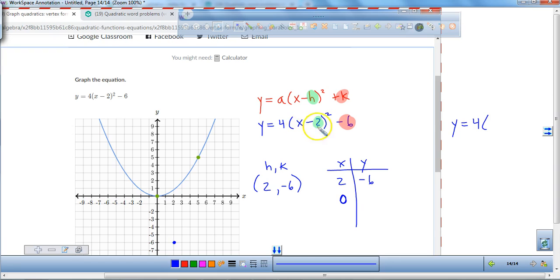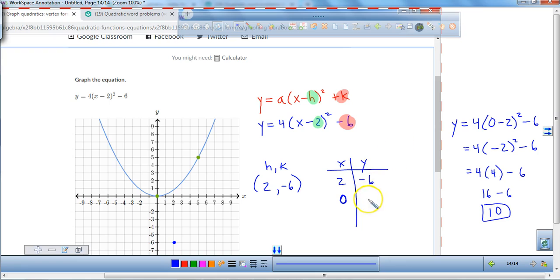So right here where the x value is, I'm going to plug in a 0. Zero minus 2 is negative 2. Negative 2 times negative 2 is 4. 4 times 4 is 16. 16 minus 6 is 10.